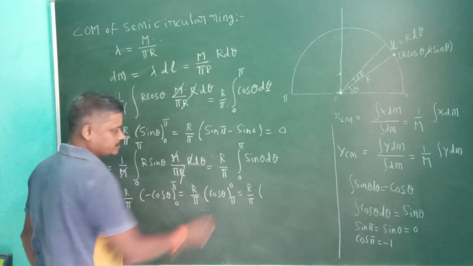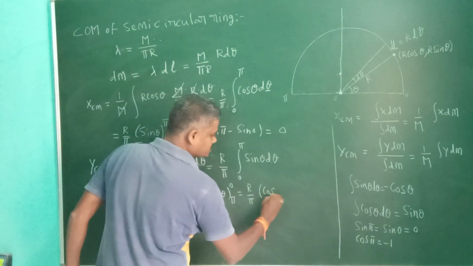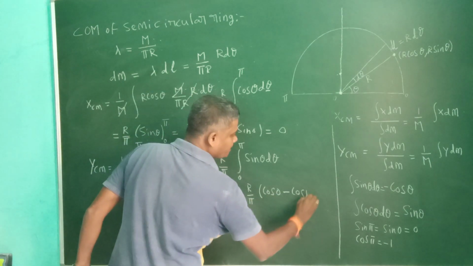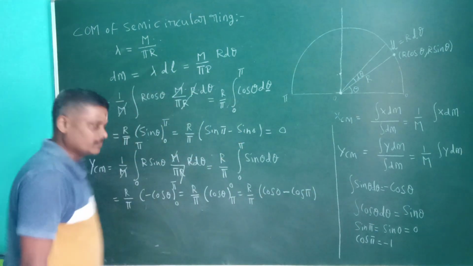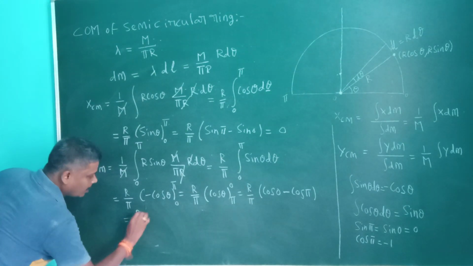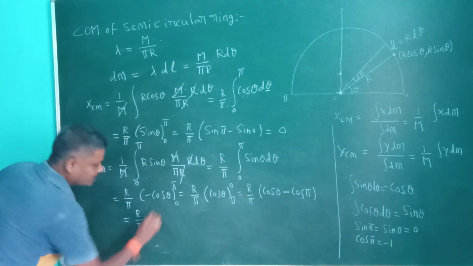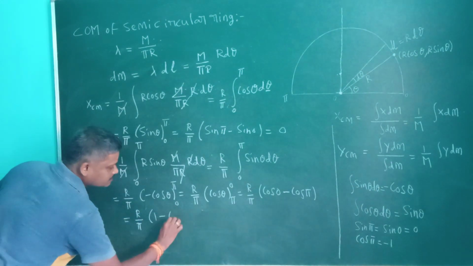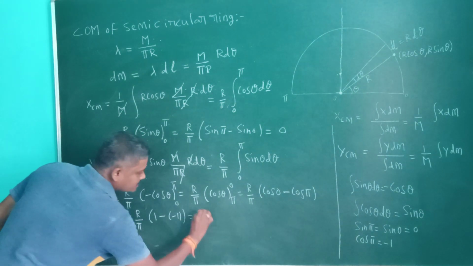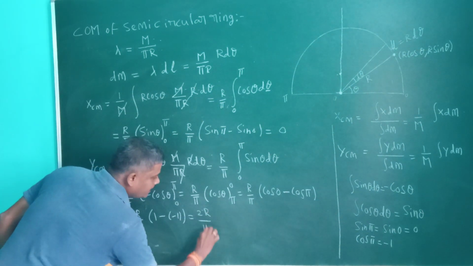First I substitute 0 in place of theta: cos 0 minus cos pi, that is equal to r by pi. Cos 0 is 1, minus cos pi is minus 1, that is written as 2r by pi.